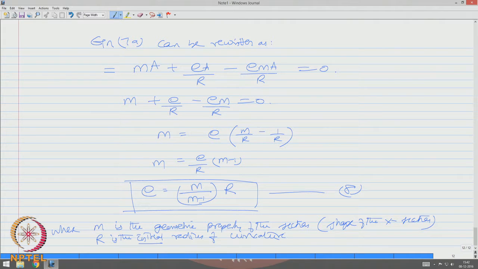If I know these two, you can always find the shift of neutral axis from the centroidal axis towards the center of curvature.